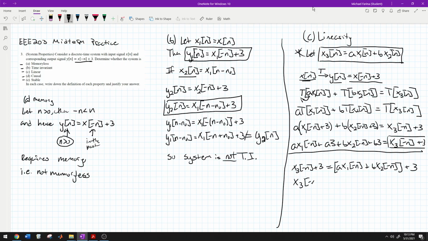And we can see right here we have this 3a, and right here we have this 3b, and down here we only have this 3. So this relationship is not satisfied, and therefore the system is not linear.